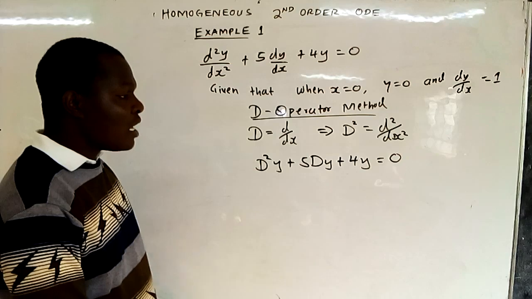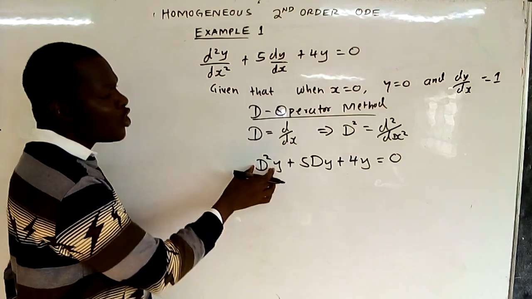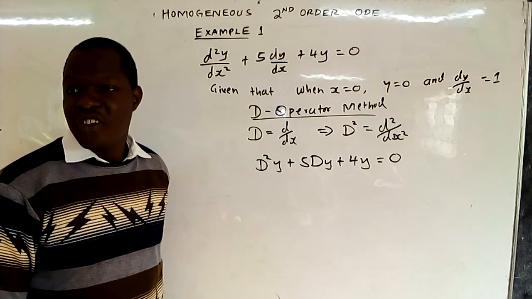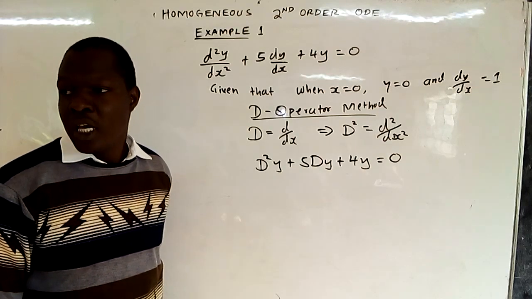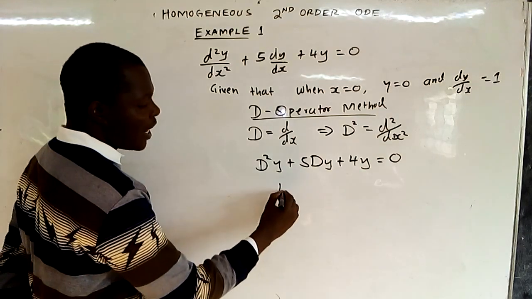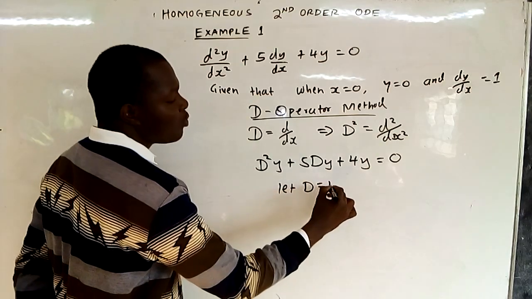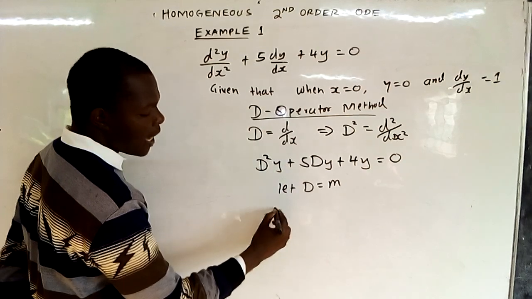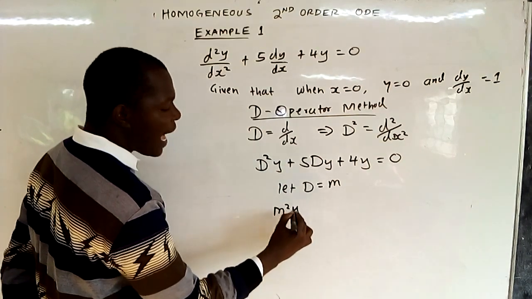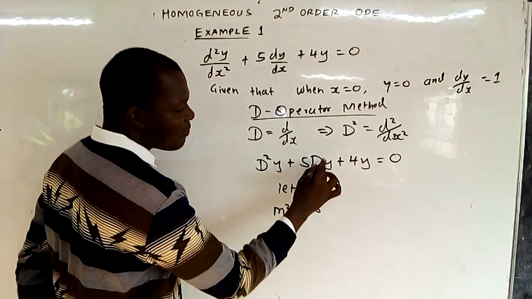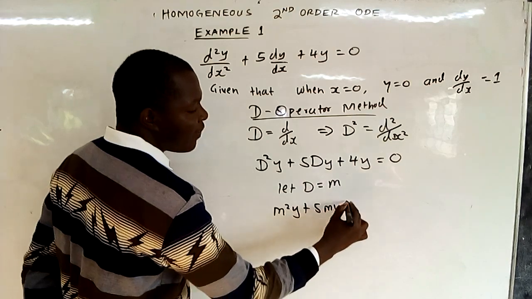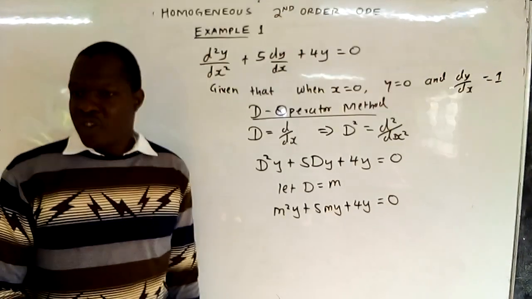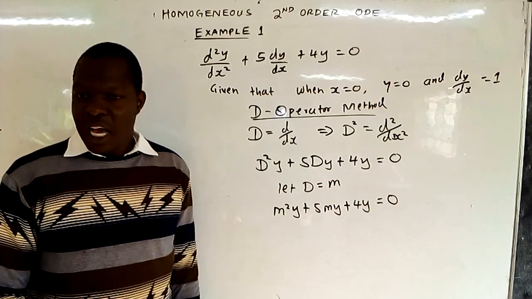Then from here, because this D operator is a derivative, we replace it with m to get the auxiliary equation. So if you let D equal m, where there is D you put m, here we're going to have m squared y, then plus 5my, then plus 4y equals 0.